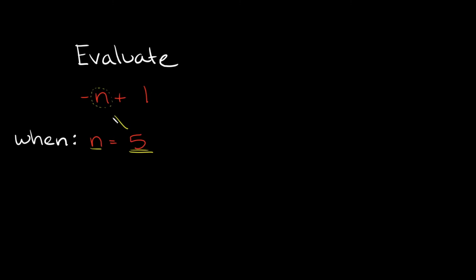And when we substitute this 5 in for n, don't forget to bring this negative sign out here. So we're going to have negative 5, and then the rest of this problem, plus 1. So what is negative 5 plus 1? Well, that would simplify to just negative 4. So that'd be your answer.